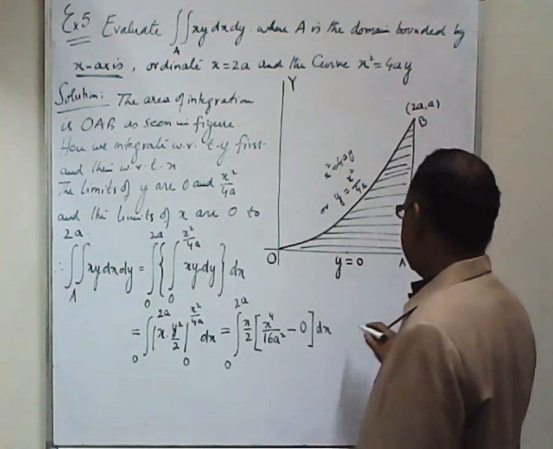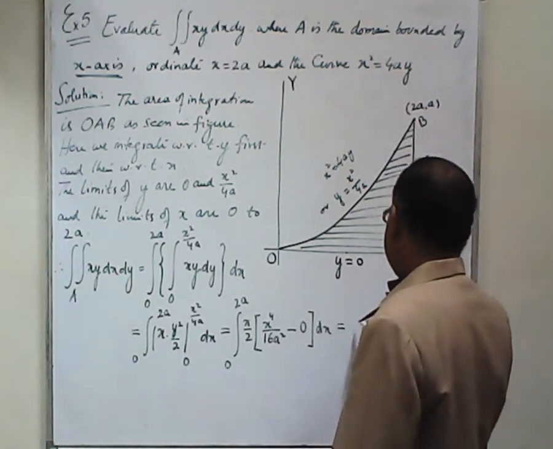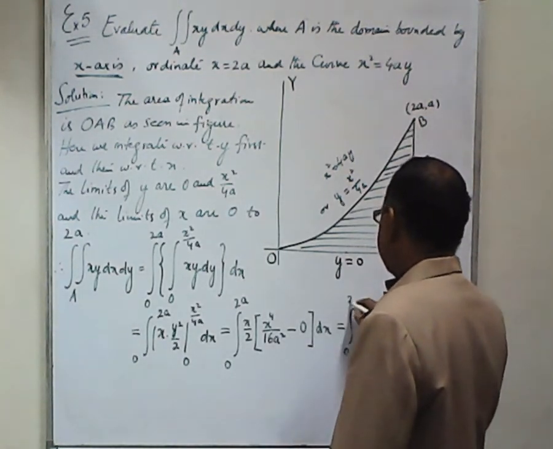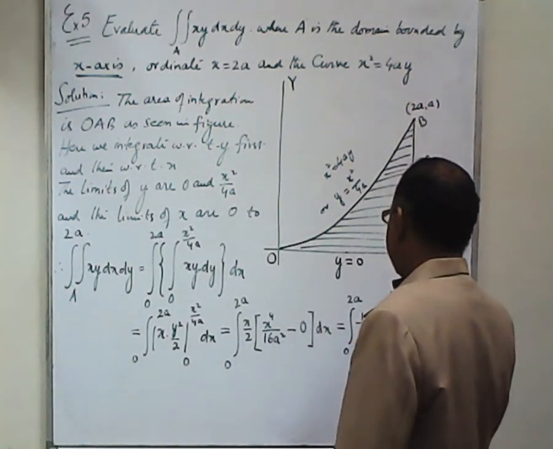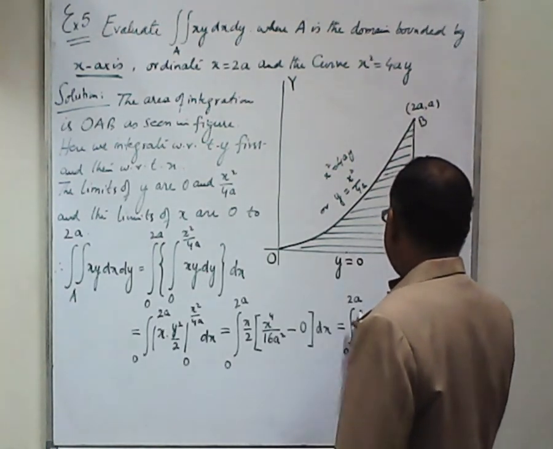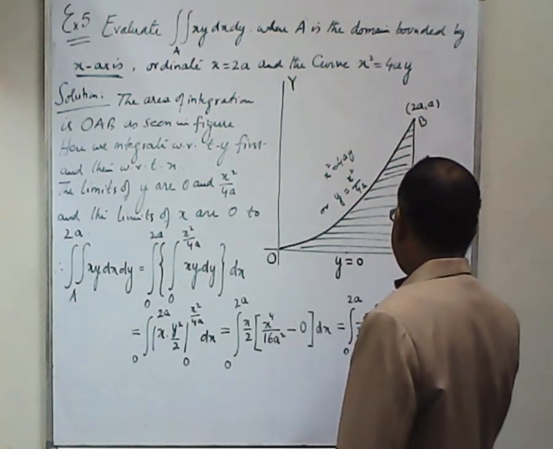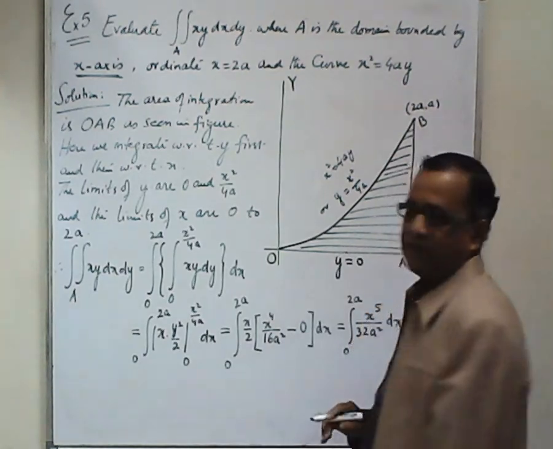So now we have the integral from 0 to 2a of 1 upon 32a square, x power 5 dx.